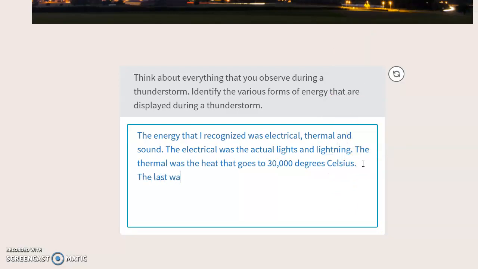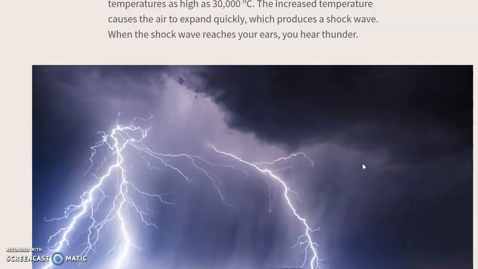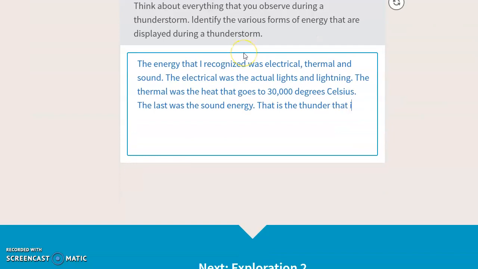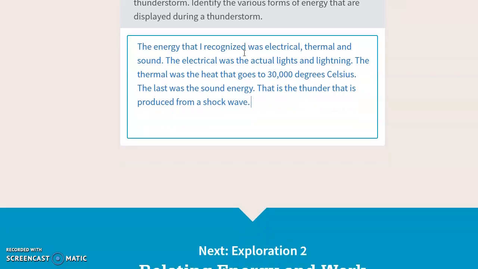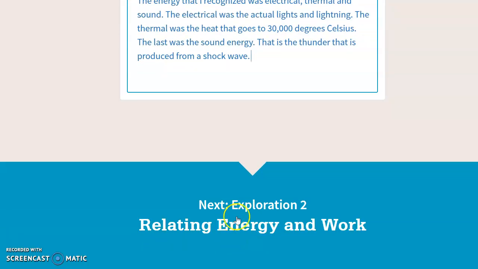The last was the sound energy. That is the thunder. Okay, so let's look at the sound that is produced from a shock wave. All right, so that's going to be all of the Explore Explain 1. Then we're going to create a new video and move on to Exploration 2.